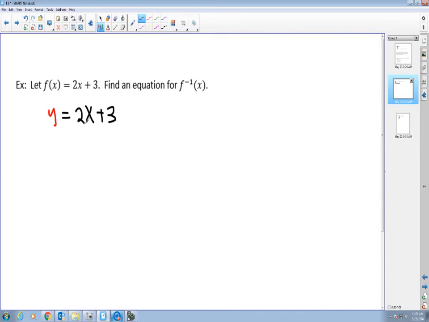Second step, interchange the x and y variables. Then my equation will look like x equals 2y plus 3. Now I will solve for y. To get my positive 2y by itself, we need to move the positive 3 over. So I will end up with 2y equals x minus 3. And to get y by itself, I will divide every term by the coefficient 2.